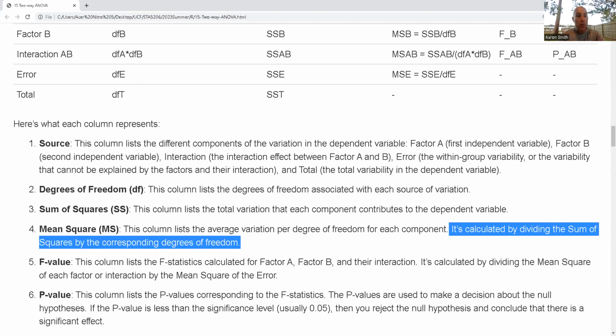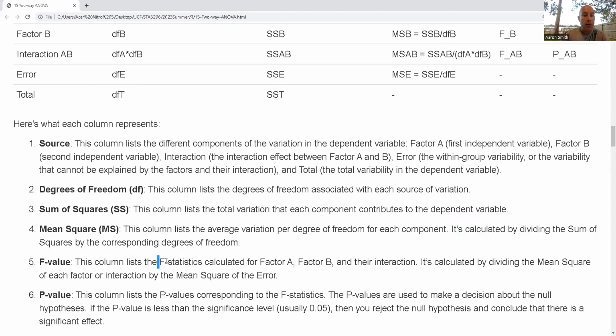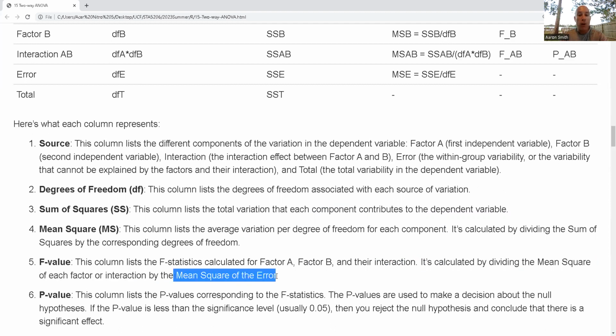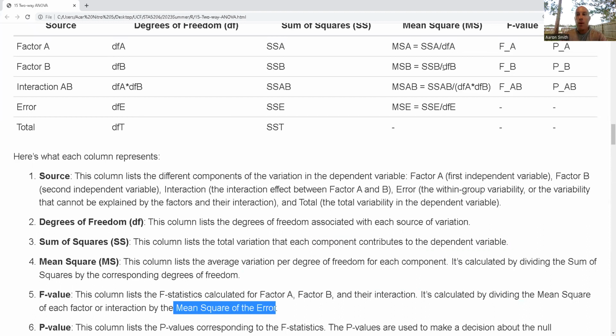Now, the F value. The F column lists the F statistic calculated for factor A, factor B, and the interaction between A and B. It's calculated by dividing the mean square of each factor or interaction by the mean squared error. So what's going to happen is I'm going to take this value, divide by the mean squared error, that gives me this F statistic.